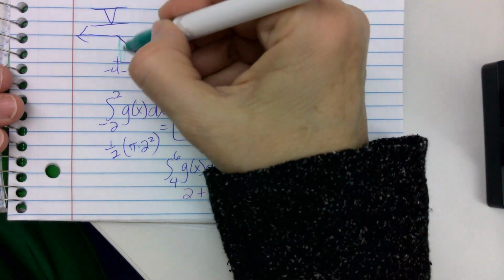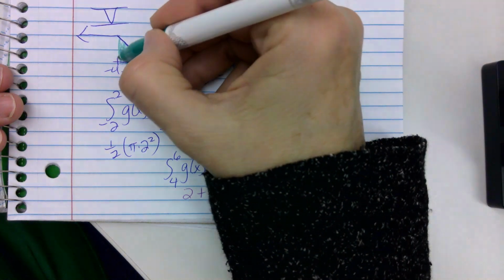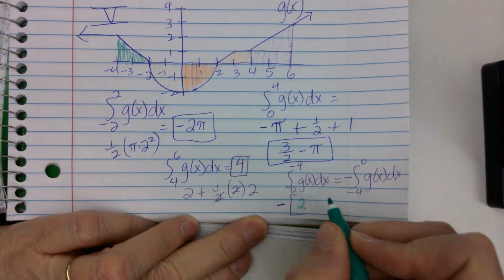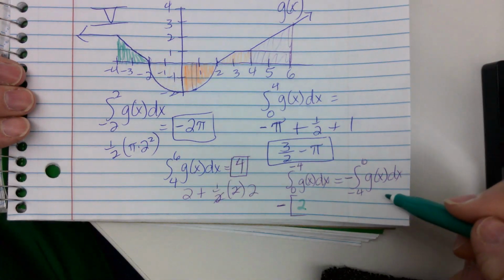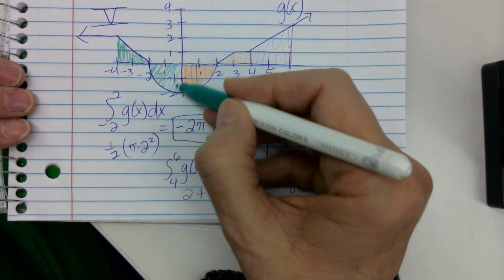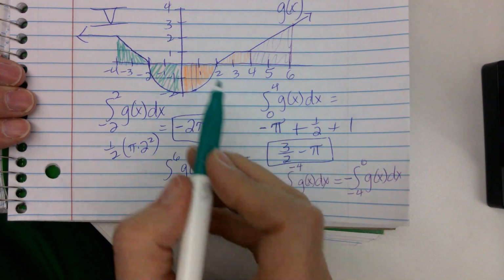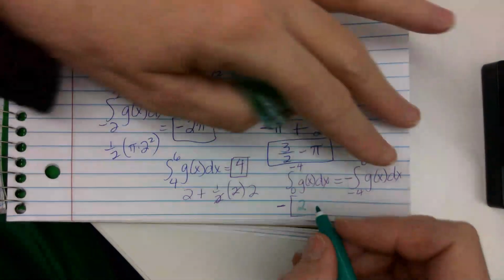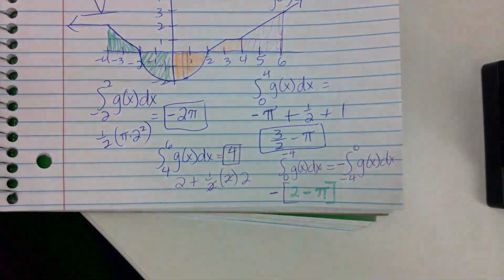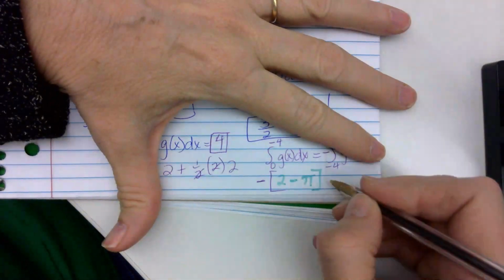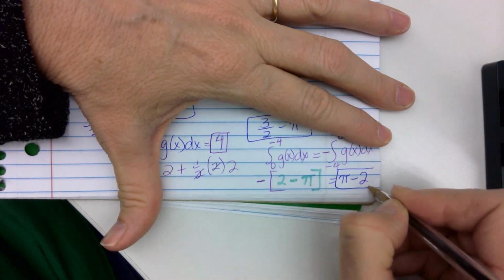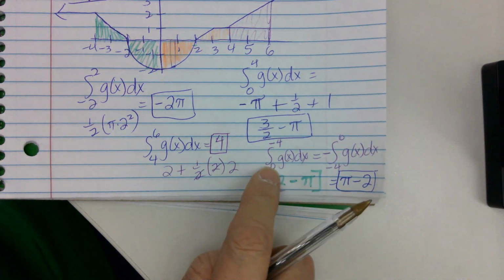It's negative 1/2 base times height. It's just a 2, right? And then it's going to be a negative pi for here, right? Because from here to here was pi, so that one's going to be pi. But it is negative, right? So what is the actual answer to this one? Positive pi minus 2, if we're going from 0 to -4.